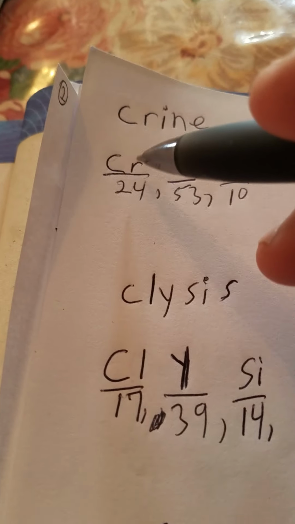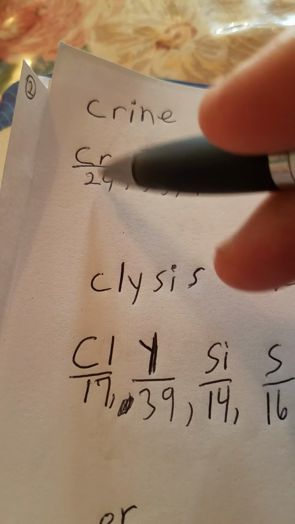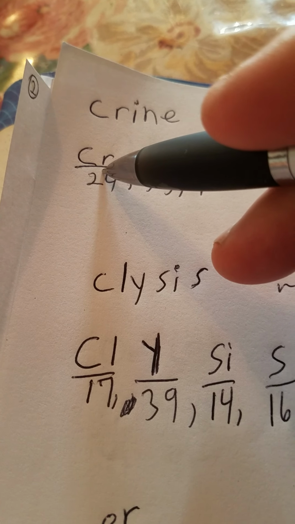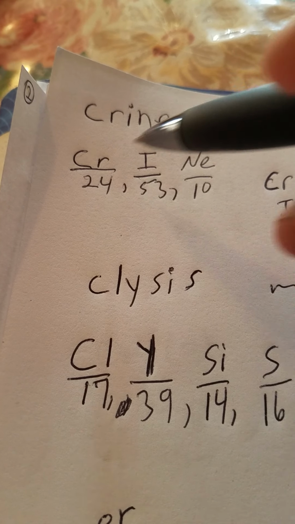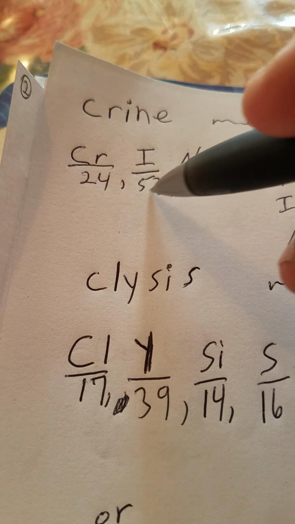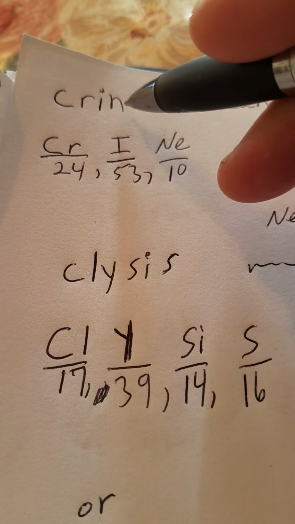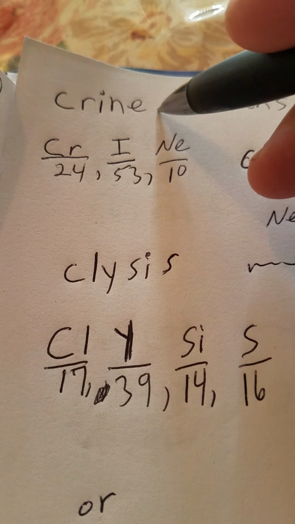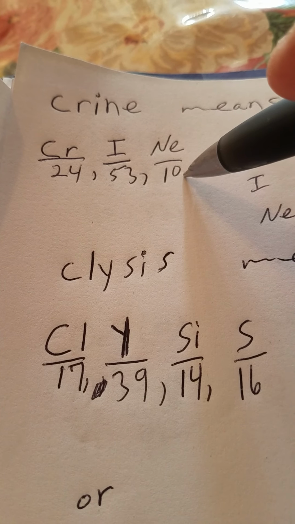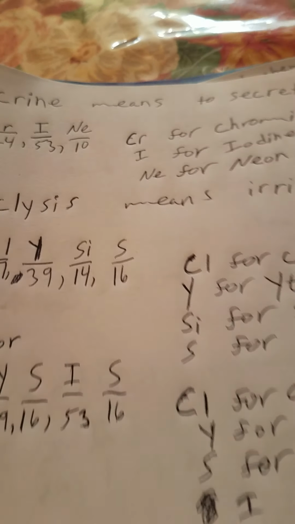You take the C, the capital C and the small r, and put a 24 atomic number, and Cr is for chromium. Then you take the I, the small i, and make it a capital I, and put 53 atomic number for iodine. You take the Ne, make the N a capital N with a small e, and put a 10 atomic number for neon, which is a noble gas. Okay? And that's what you have.